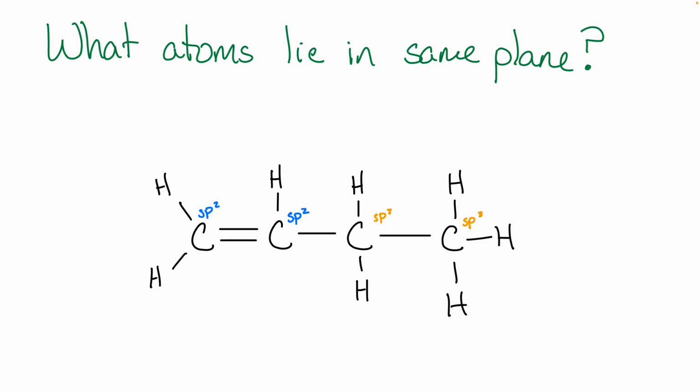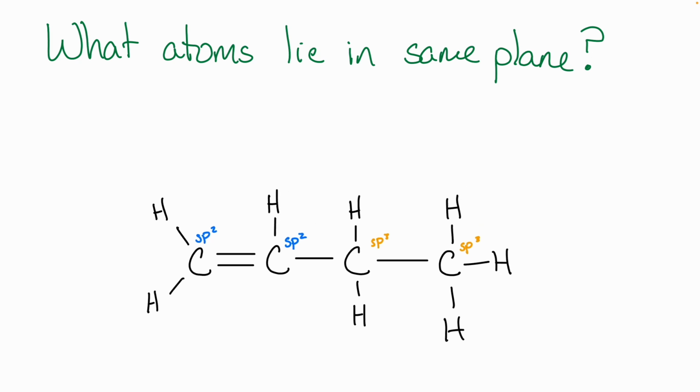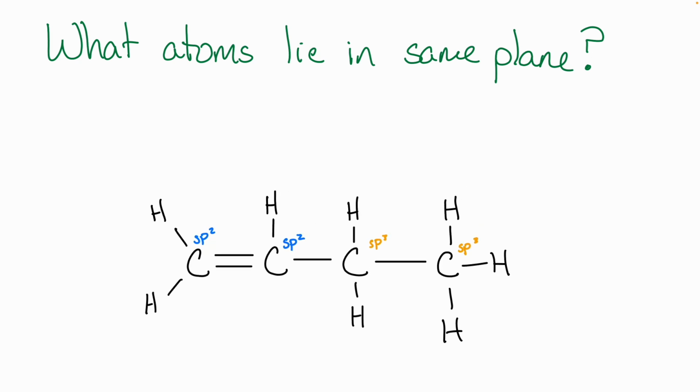Okay, so my atoms that lie in the same plane are going to be those sp2 hybridized carbons, those 2 there, as well as all atoms that they are directly bound to.